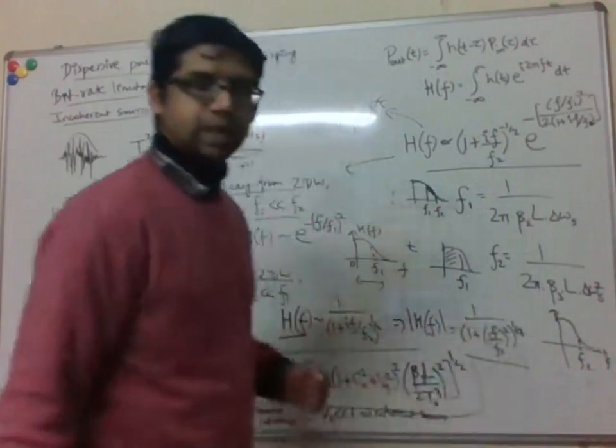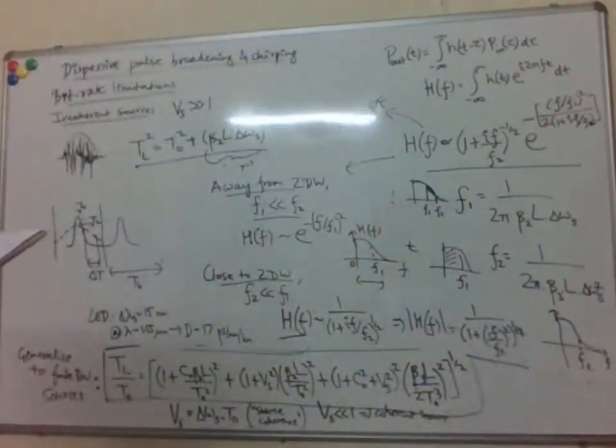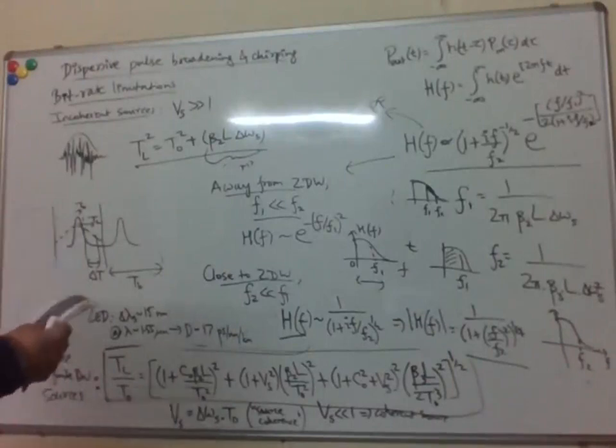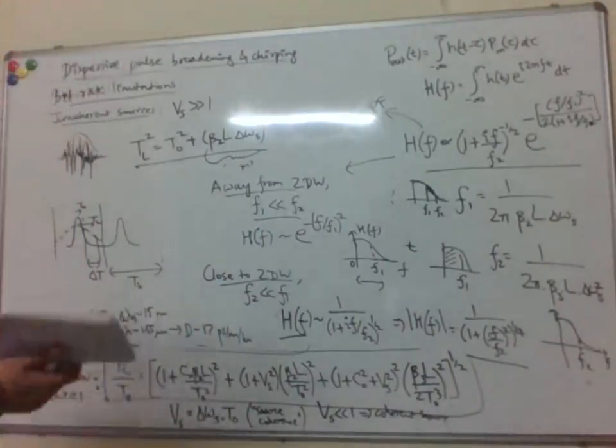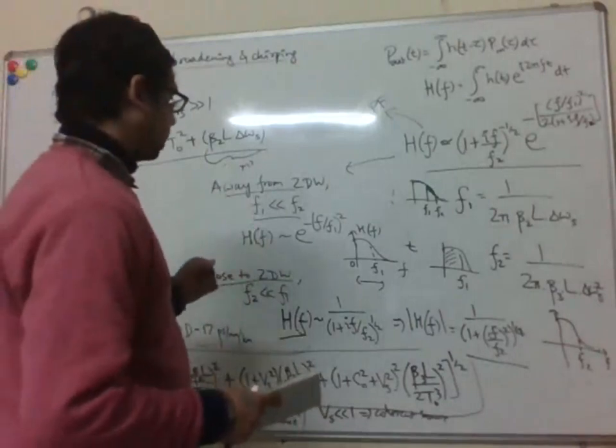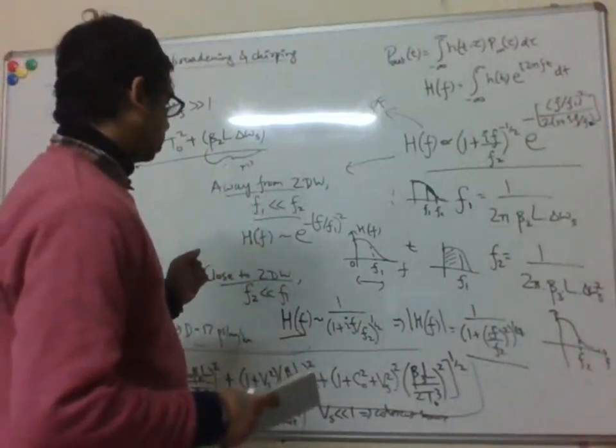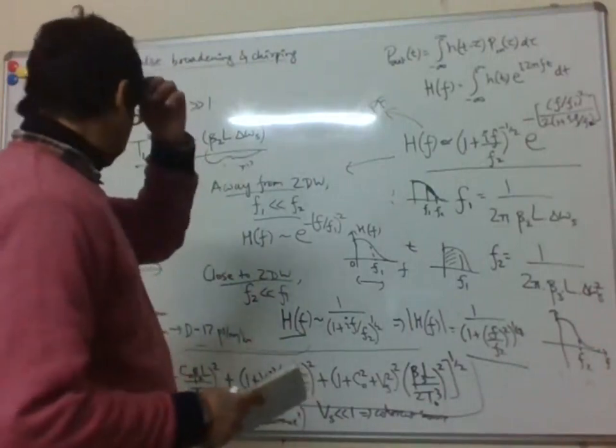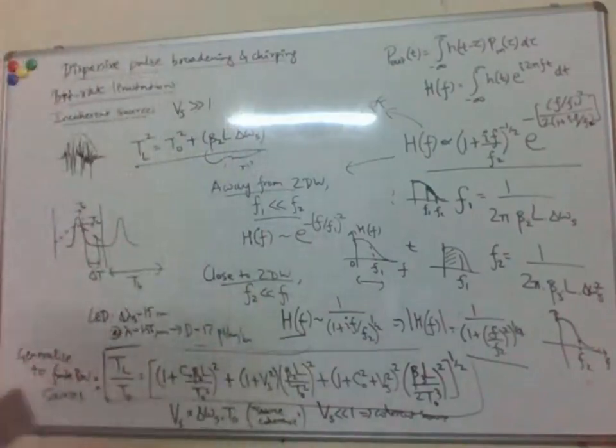So that's something proportional to F2. Okay, so that's the case for when the sources are incoherent.